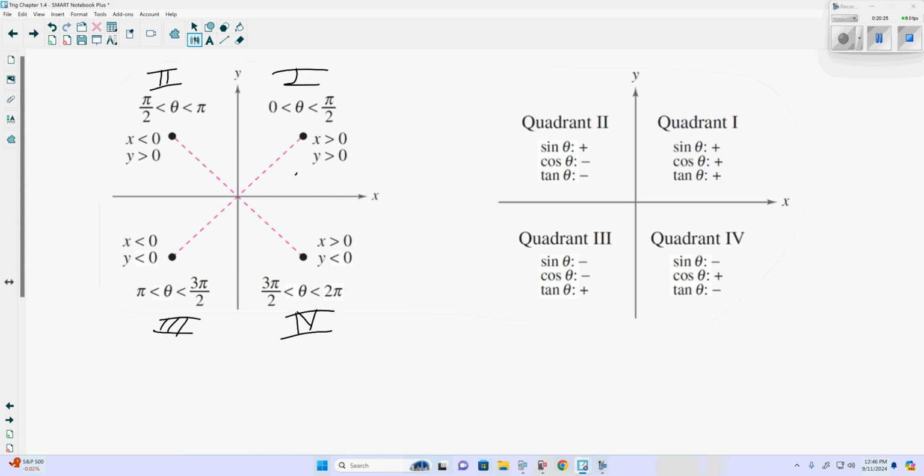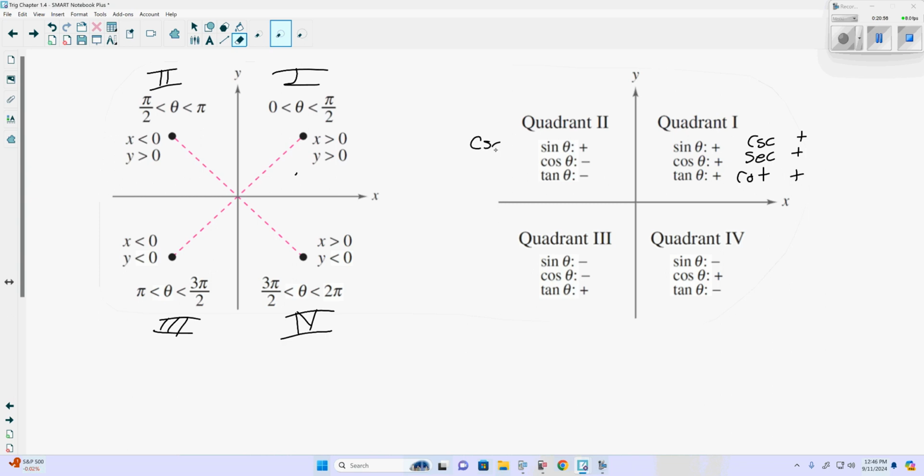We also have this over here that for quadrant 1, sine, cosine, tangent are all positive. That means also that cosecant is positive, secant's positive, and cotangent is positive. Because if sine's positive, cosecant's positive. If cosine's positive, secant's positive. Tangent's positive, cotangent's positive. They're going to go hand in hand.